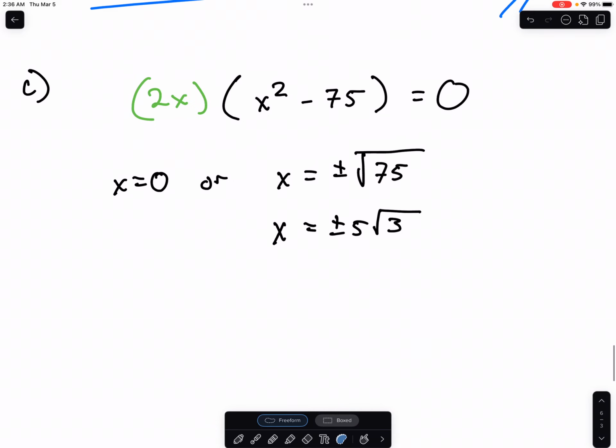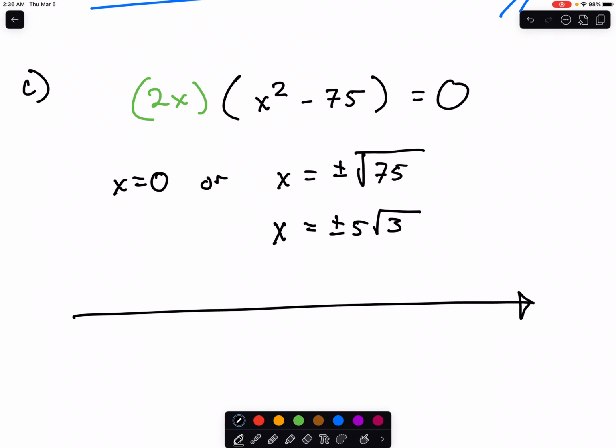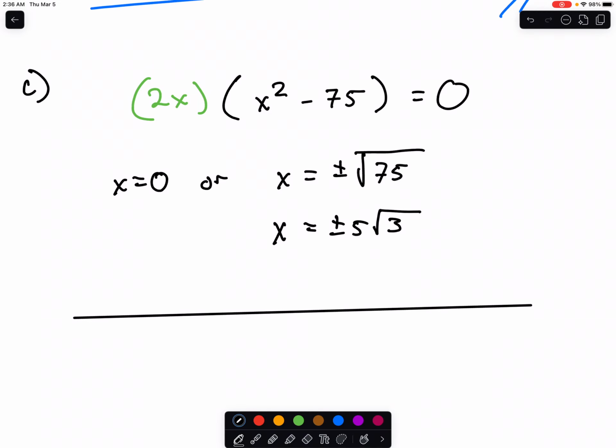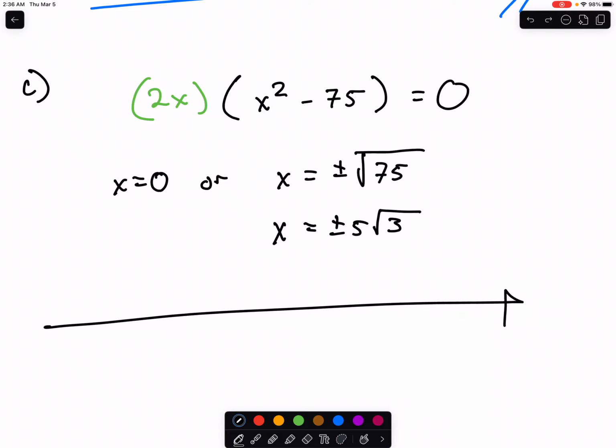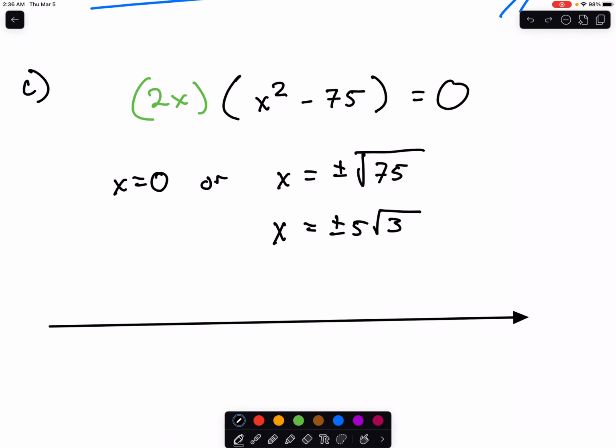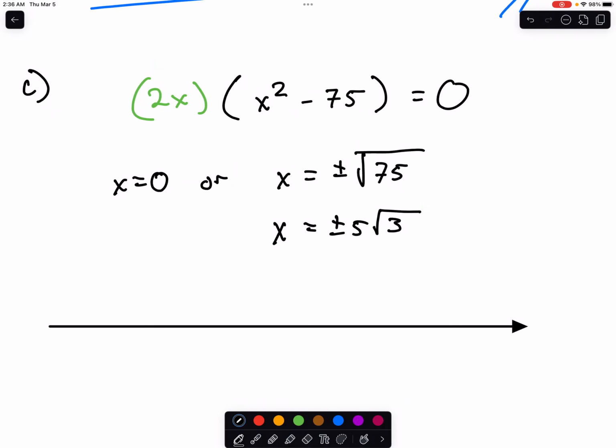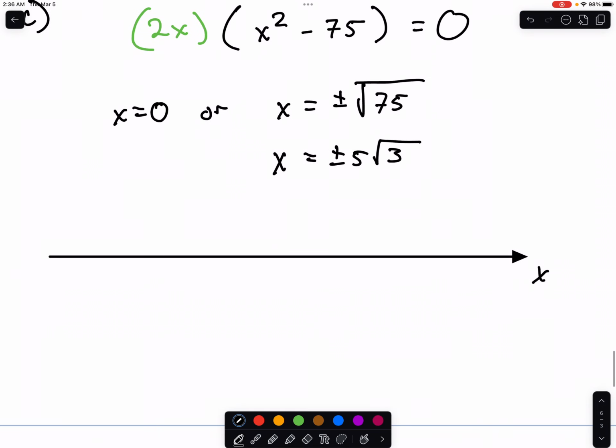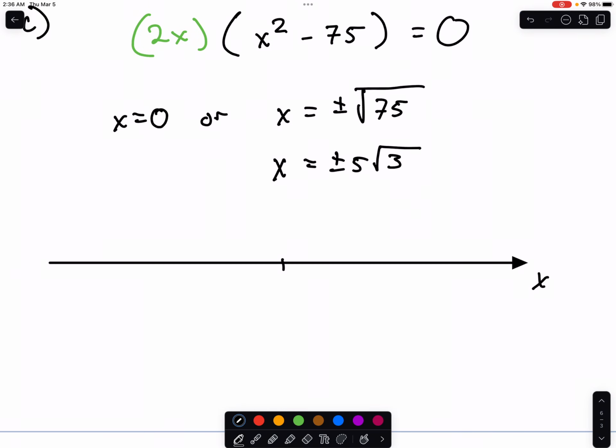Okay, so we got 3 critical values that we need to test. For instance, if this is my positive x, positive x is here. Here's our 0.